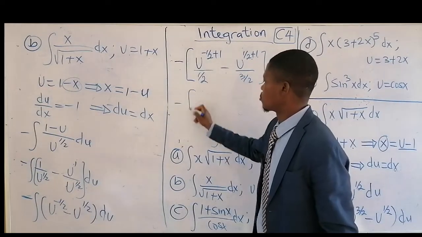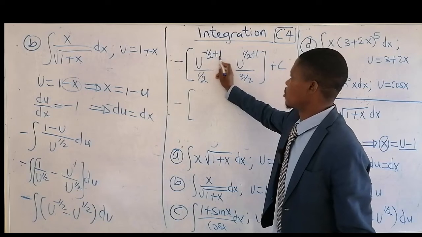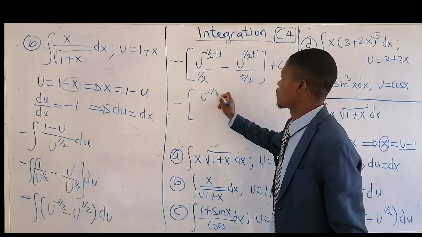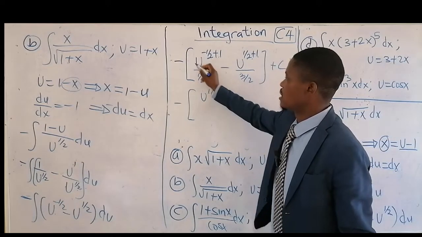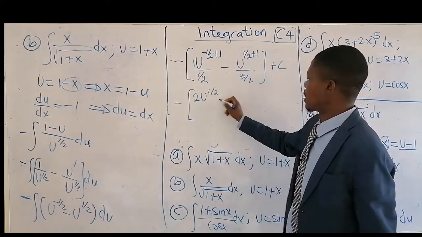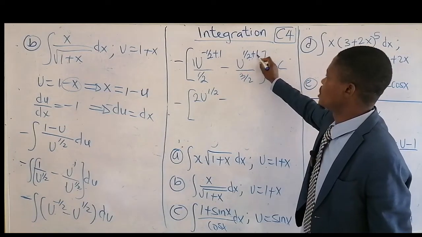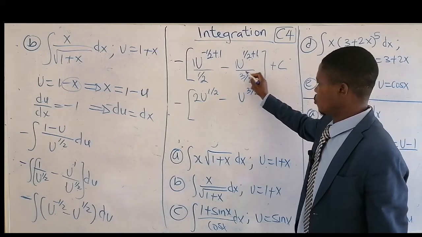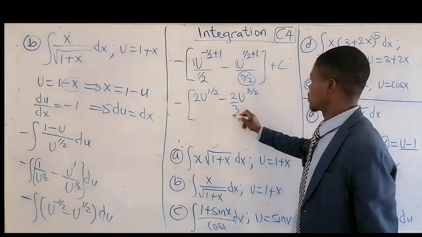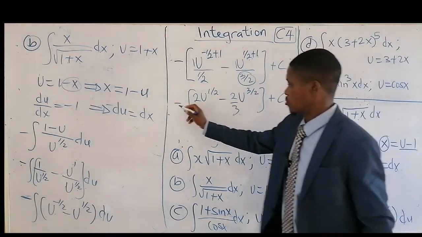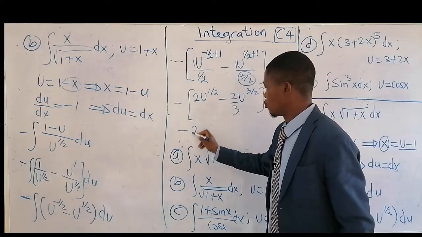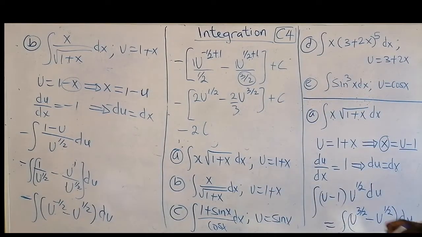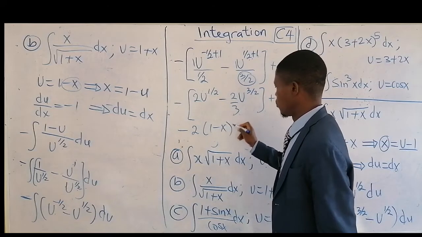So we now have minus, in brackets, u to the power half, and there's 1 over 1 over 2 here, so it becomes 2. Then minus u to the power 3 over 2, and inverse of this will be 2 over 3, plus c. So this minus comes in, so that will be minus 2. Then my u is 1 minus x. I have a value for u: u is 1 minus x, to the power half.